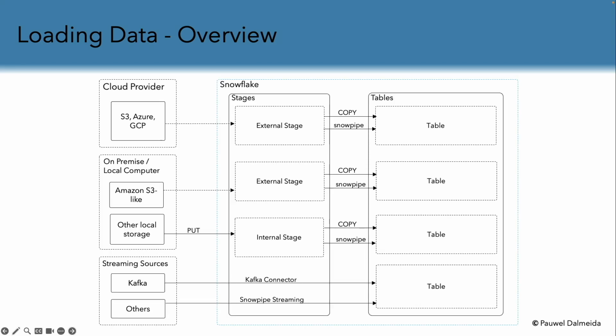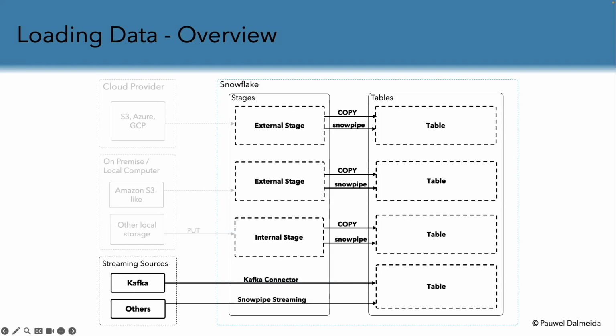Next, let's display once more the ingestion schema, and let's focus on the loading of data. So the loading of data represents these flows. You have the external stage that will be loaded into tables, and this is possible with the copy command and the Snowpipe technology. You have also the internal stage that you can load into a table, and this is possible also with the copy and the Snowpipe technology.